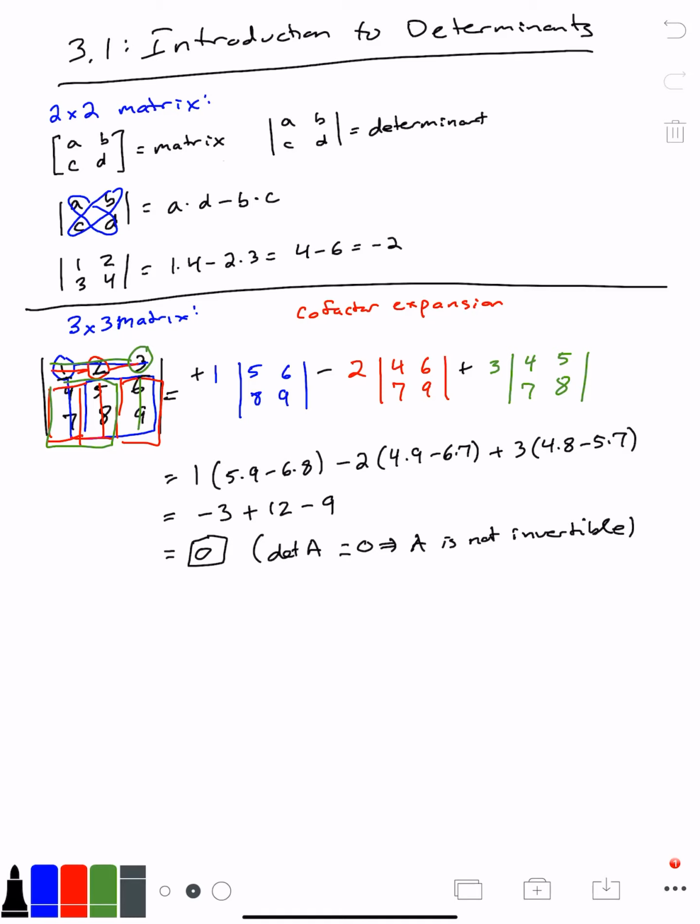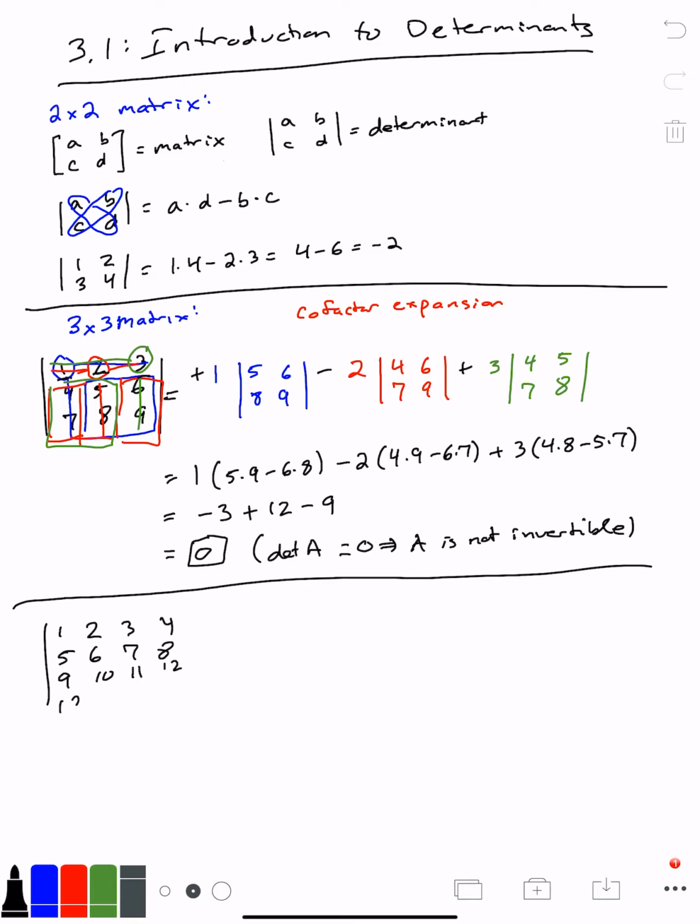Now, just to show you, what if I asked you to do, say, a 4x4 determinant? 1, 2, 3, 4, 5, 6, 7, 8, 9, 10, 11, 12, 13, 14, 15, 16. This is the nightmare you'd have to deal with.